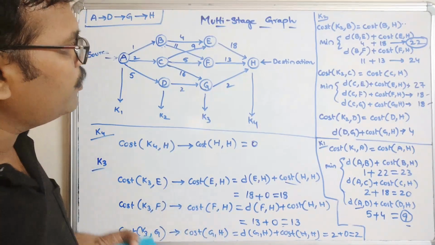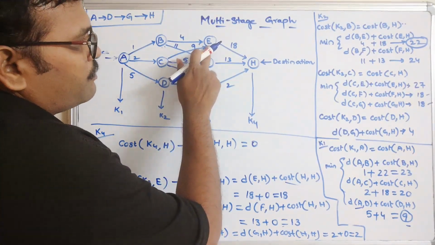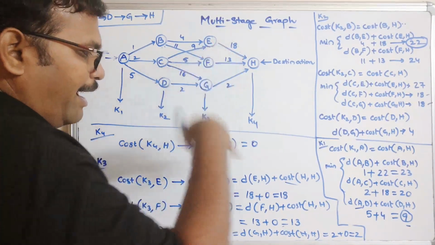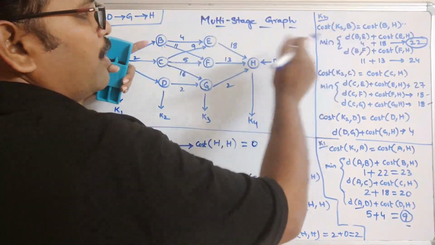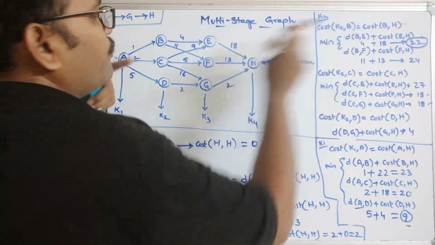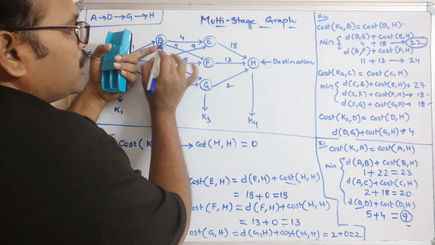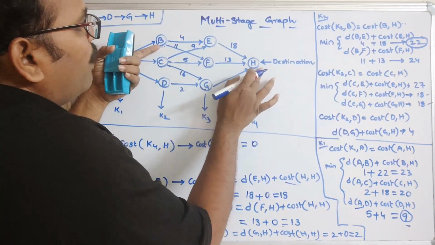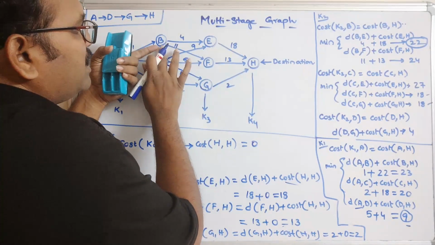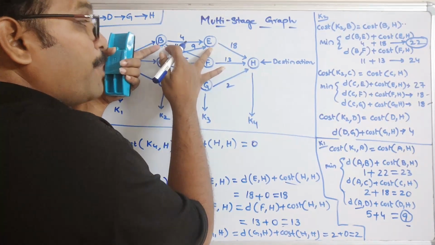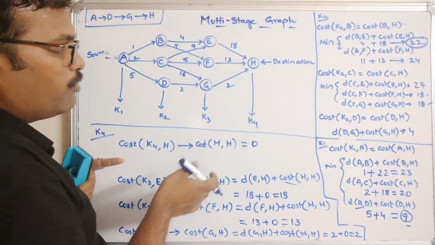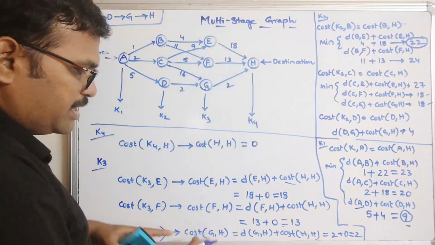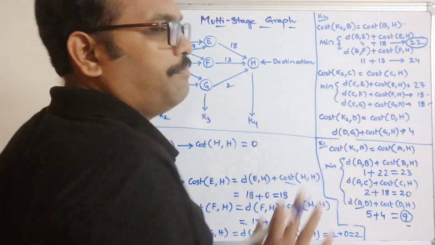So how can we use this? We have to find the distance from E to H and the cost from H to H. Here you can understand, if you are finding the cost of B to H, we are finding the distance of B to E plus the cost from E to H. We have already calculated the cost of E to H, and the same value we are using here.